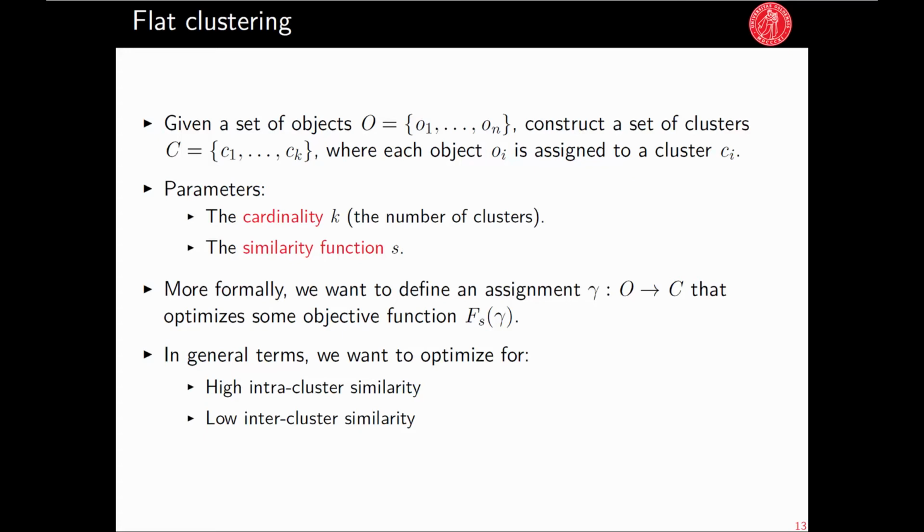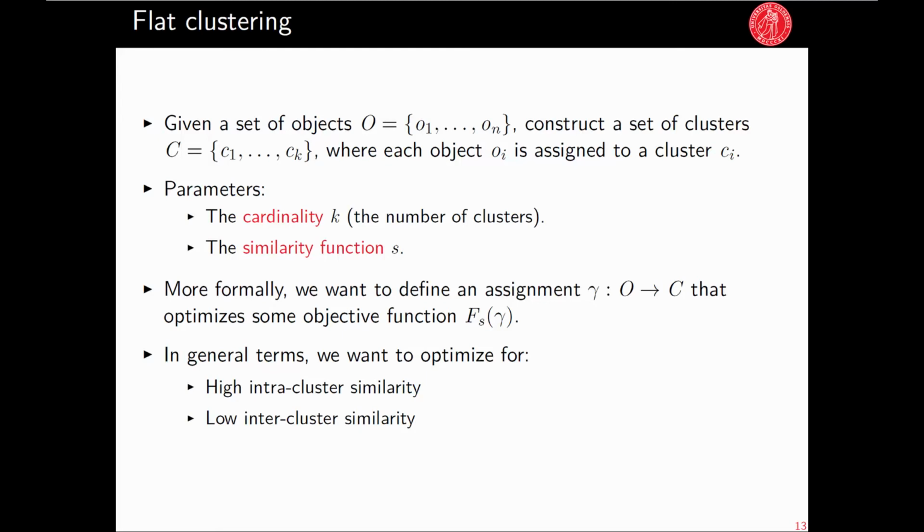And the parameters typically to our clustering method are the cardinality, that is the number of clusters that we want to find, the number of groups that we want to discover in the data, and also the similarity function that we want to use for measuring the similarity between objects.